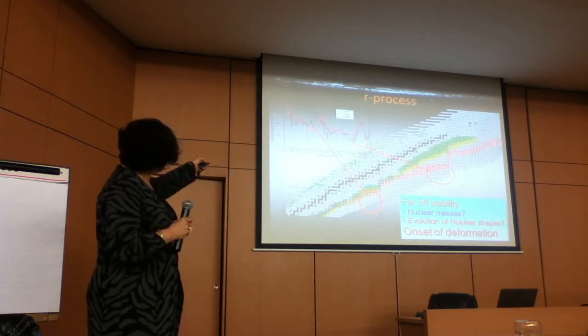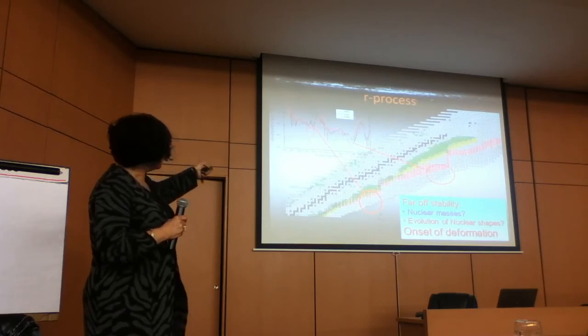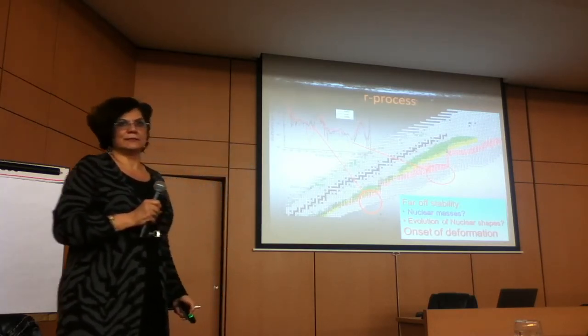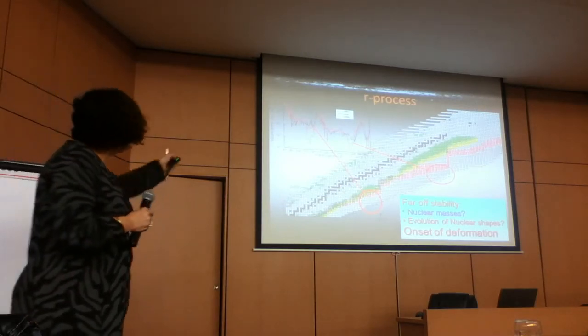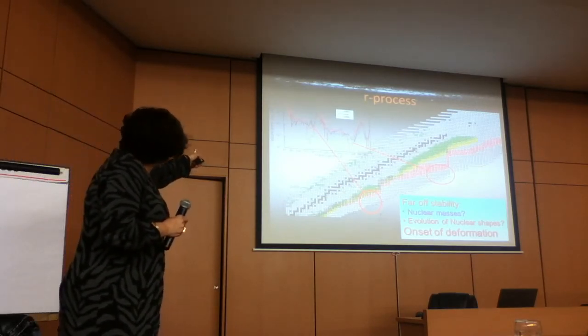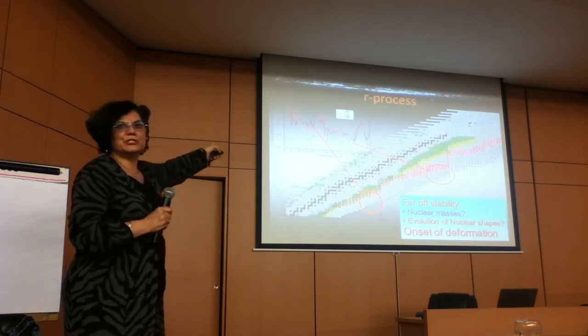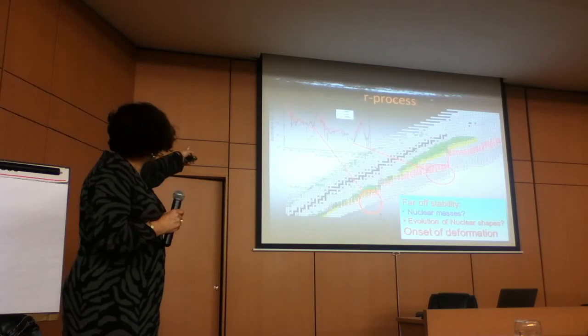The two different colored lines, in this case orange and purple, are two different mass models in which, in one of them, the major shells are quenched versus the other.